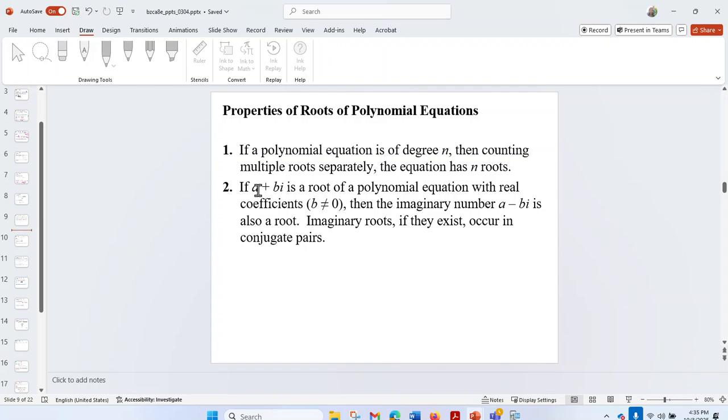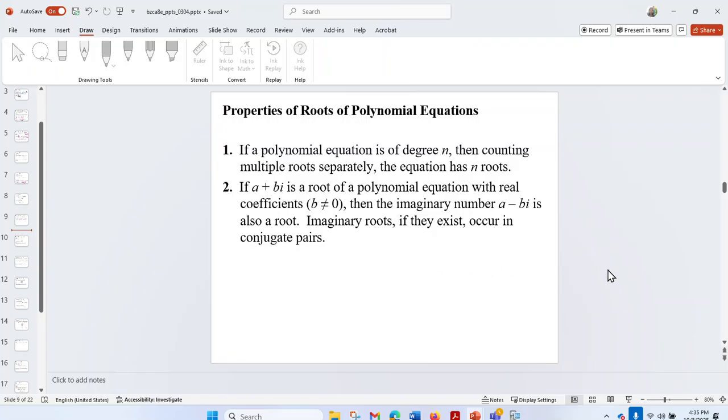Okay, there's a little property for the roots of a polynomial. It says if a plus bi is a polynomial solution, the conjugate a minus bi is also a solution. Same thing as the real solution in here.